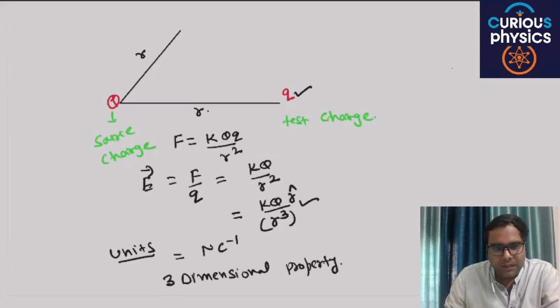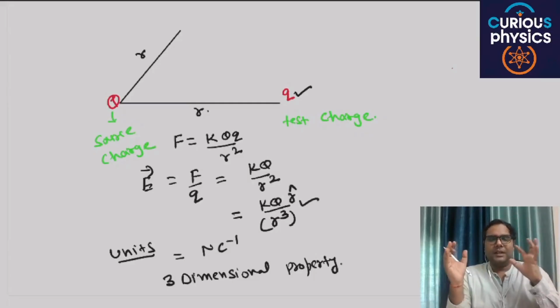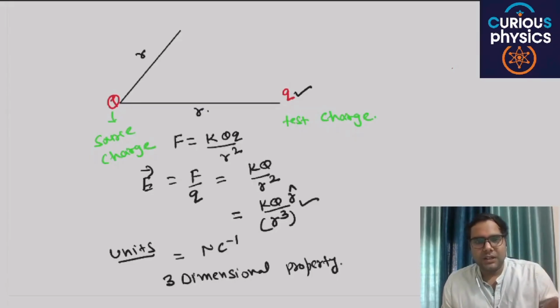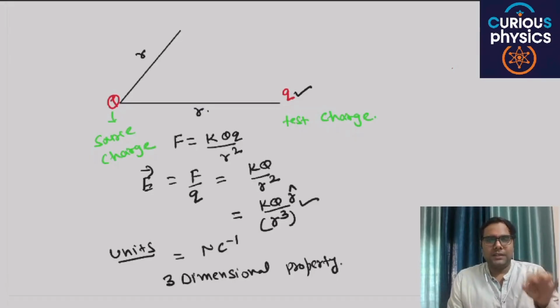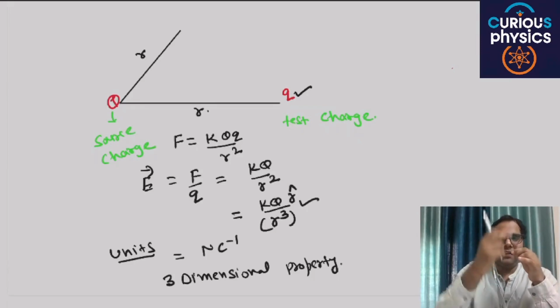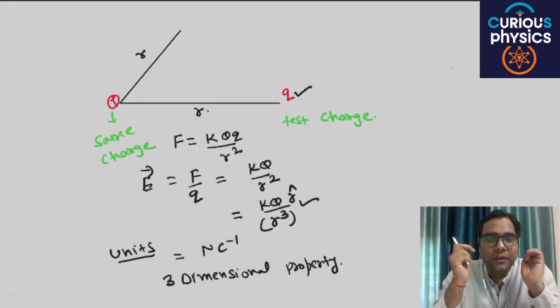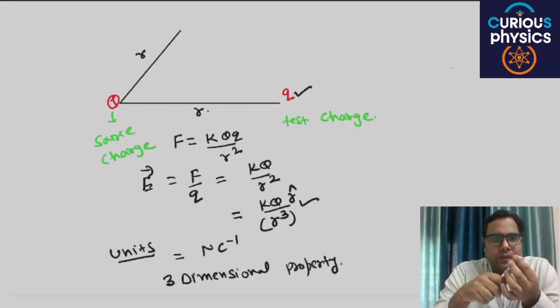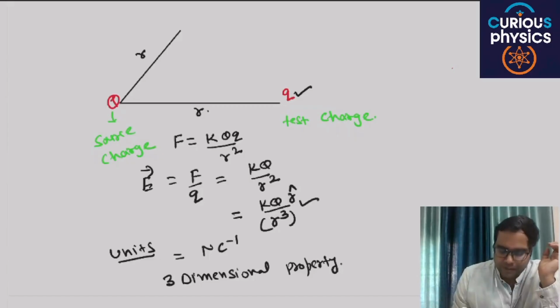Three-dimensional property means at every distance from this Q source charge, in every direction, the value of electric field is the same. For example, if this is Q charge, at every r distance, everywhere, the value of electric field will be the same. So that's why it is a three-dimensional property.